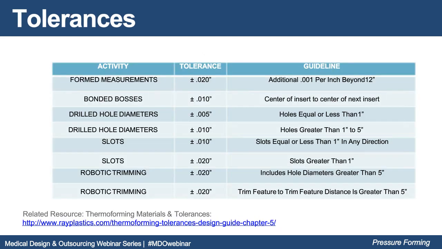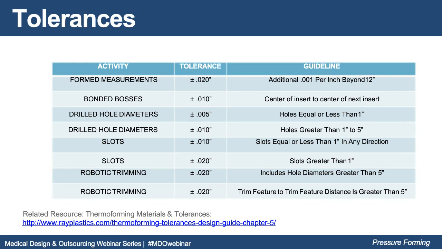So tolerances, another question that we get asked by engineering quite often. Below we're going to see kind of a standard of different tolerances for the parts. One of the advantages that Ray Products has is the 6-axis robotic trim centers. This is going to actually allow us to have tighter tolerances than traditional industry standards.